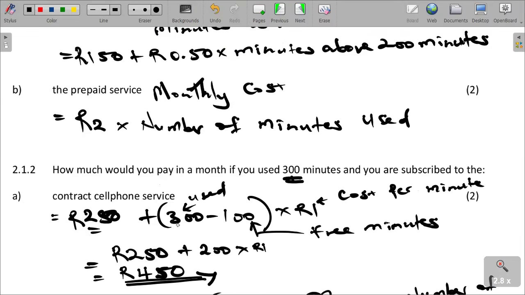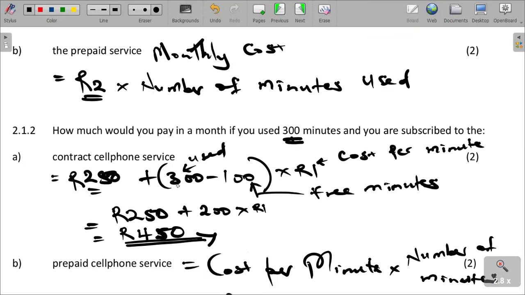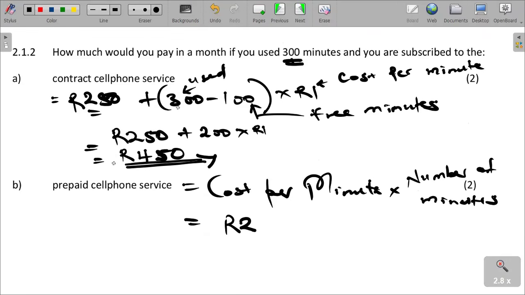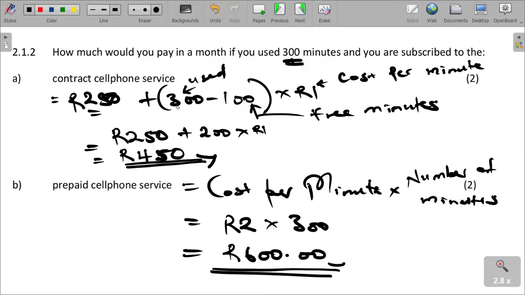The prepaid is 2 rand per minute multiplied by the number of minutes that we have, and we have already shown the formula. So 2 rand multiplied by the number of minutes, multiplied by 300, which is going to give us 600.